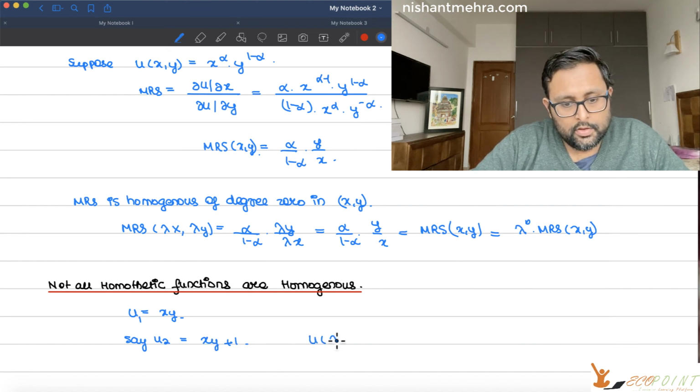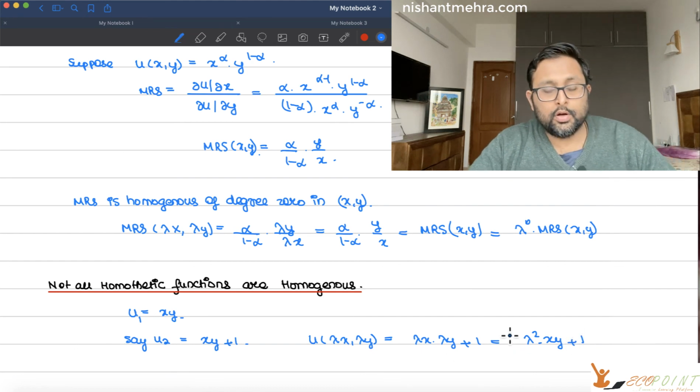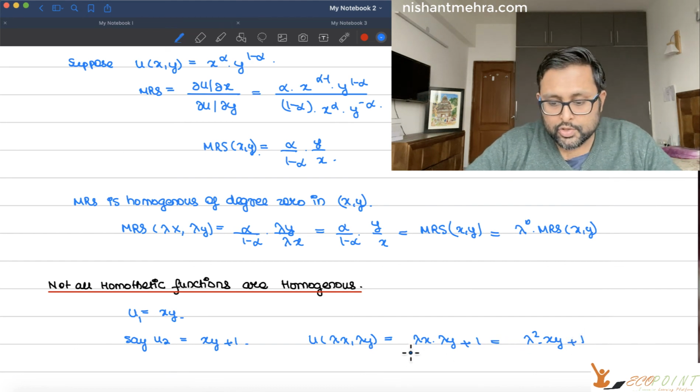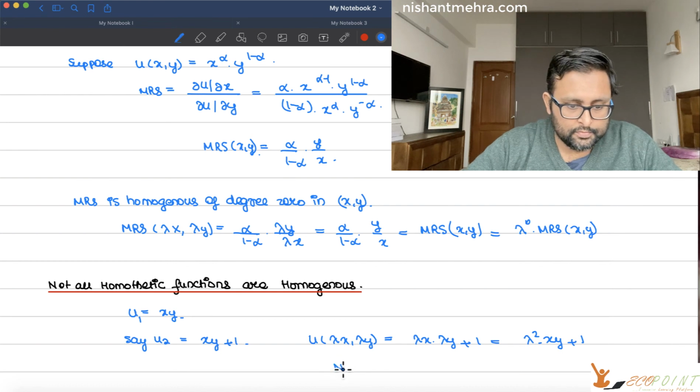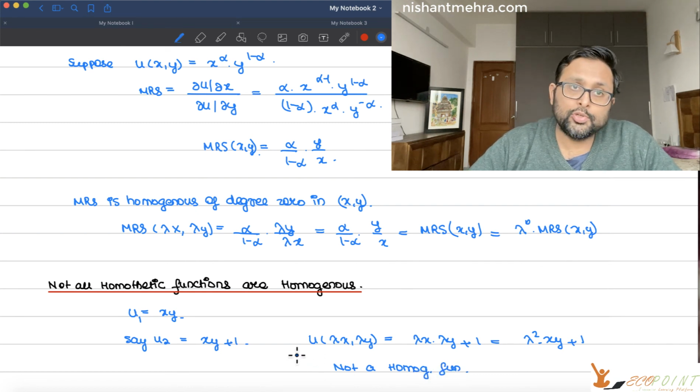For example, at lambda x, lambda y, it is lambda squared xy plus 1. So you're not able to factor out lambda completely, so it is not a homogeneous function.